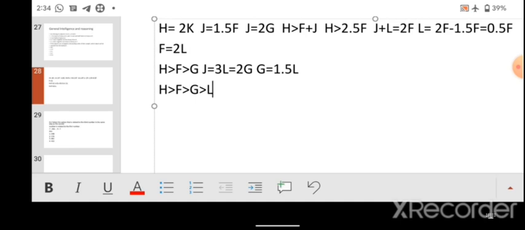So J is 1.5F, so we can also write J is greater than F. Now the only remaining is K, since we have H, J, F, G and L. We have given H is greater than 2.5F, right?